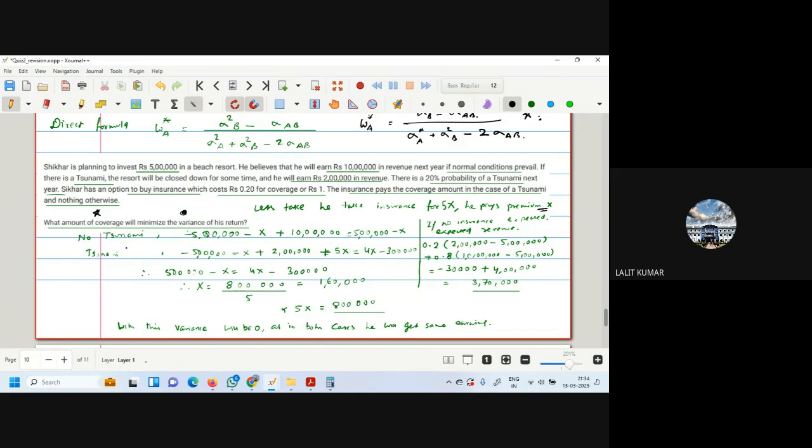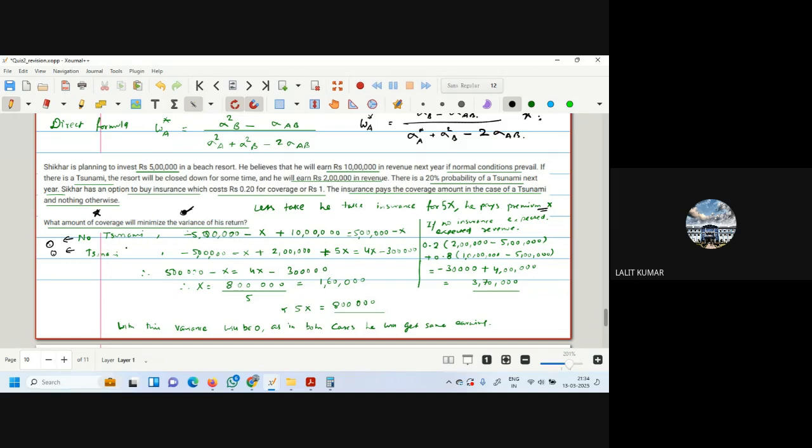If he gets the same amount in both states, we have minimized the variance, and the variance is 0. Variance happens only when the values are different in both states. So we have to find the amount by which in both states you get the same value.